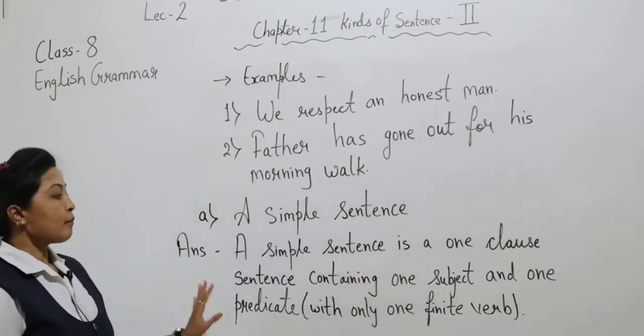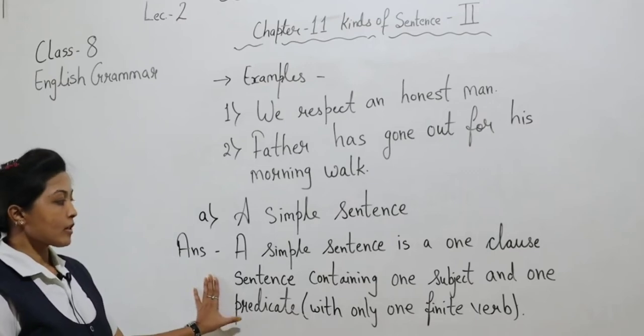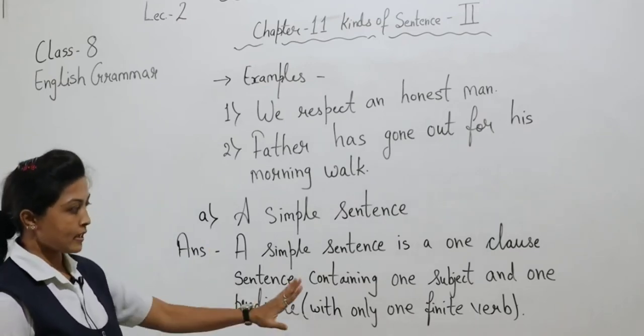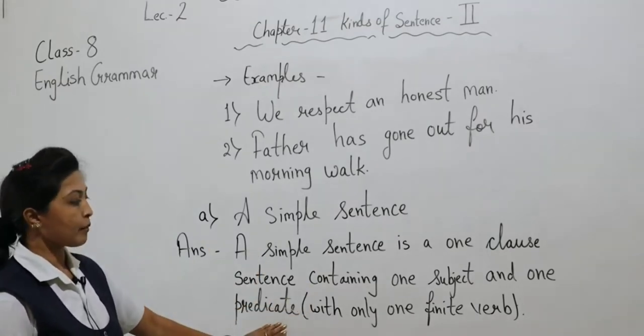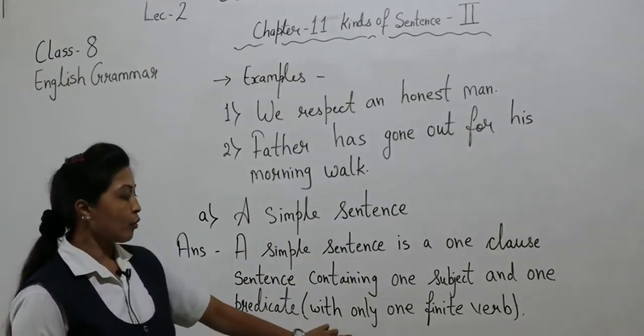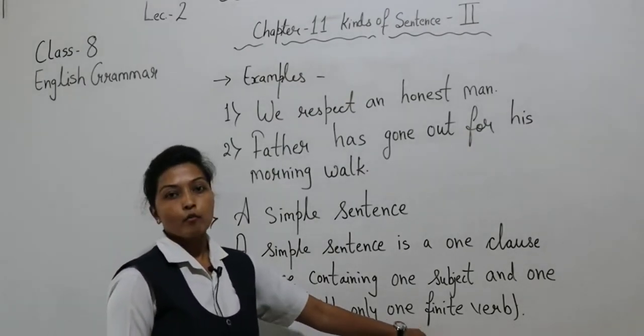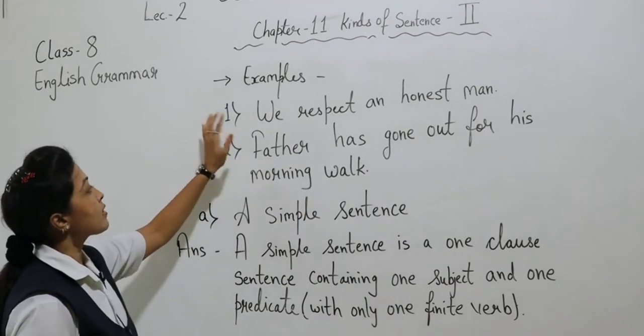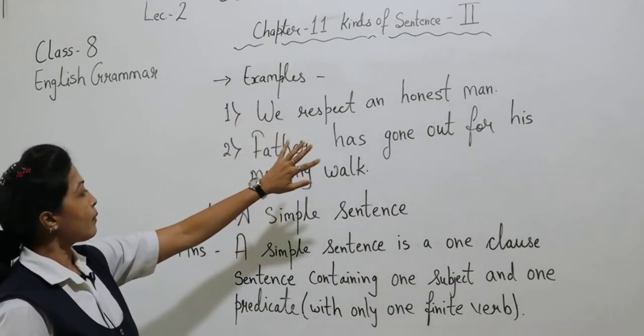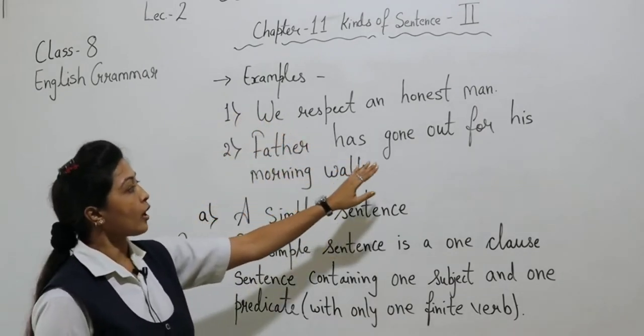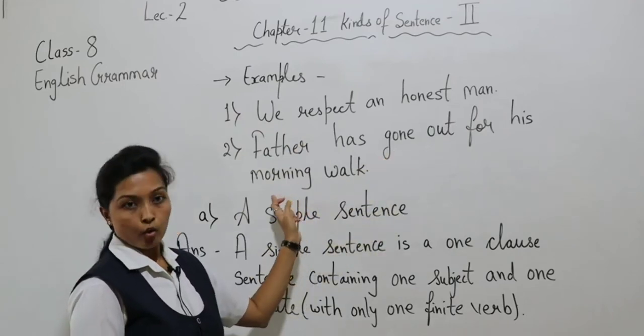So, a simple sentence is a one clause sentence containing one subject and one predicate, that is a verb with only one finite verb. And examples: we respect an honest man. Father has gone out for his morning walk.